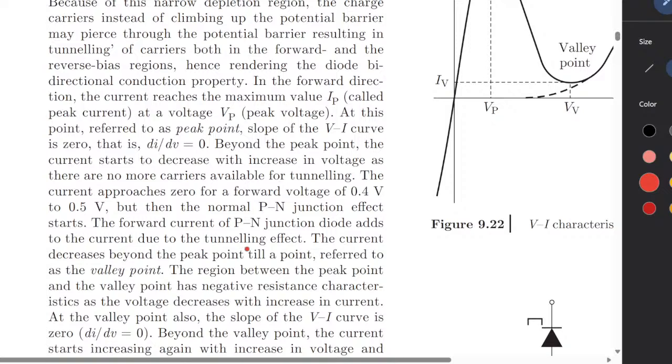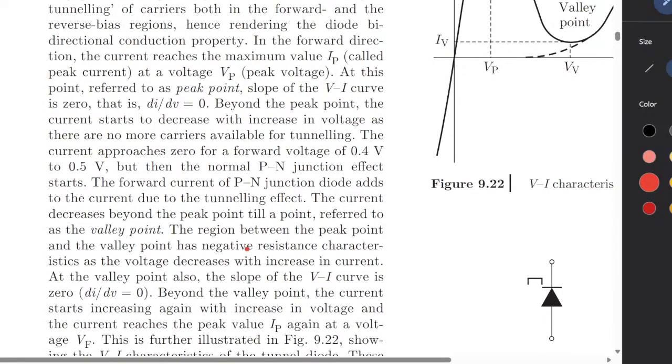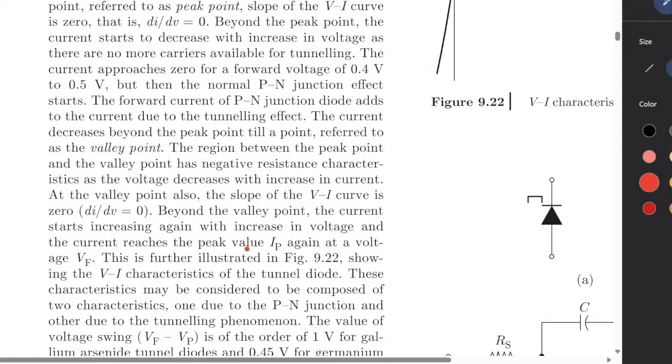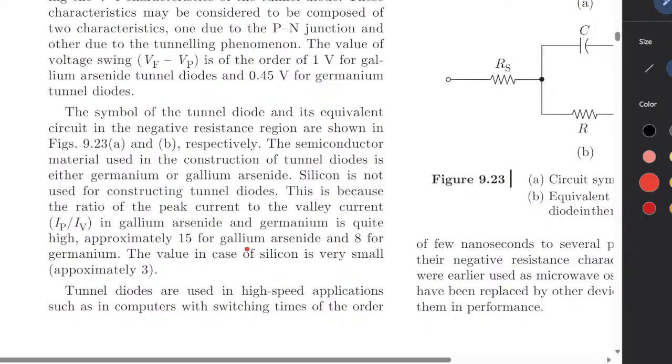The current decreases with increasing voltage. Okay, at the valley point the slope of the VI curve, di by dv, is equal to 0. Beyond the valley point the current starts increasing with increasing voltage, and the current reaches IP.